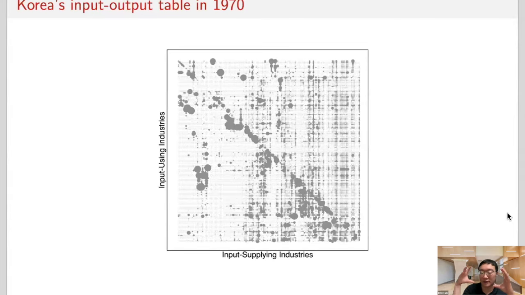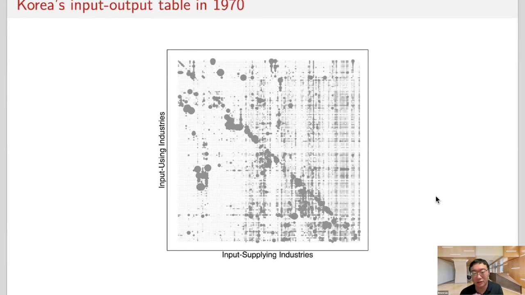The size of each cell is drawn in proportion to the fraction of the column industry's output that is being sent to the row industry. So this particular column industry sends a lot of output to this row industry. The ith industry in the row and the ith industry in the column are the same industry, hence there's a strong diagonal here.